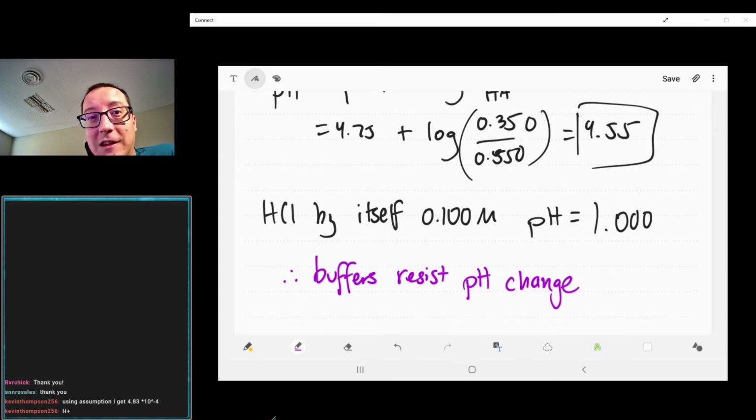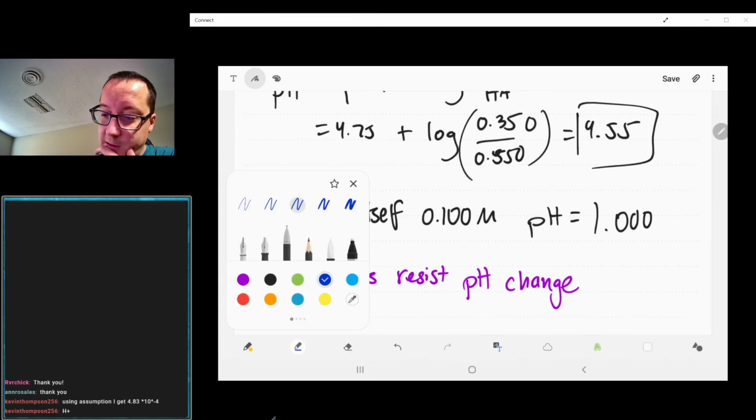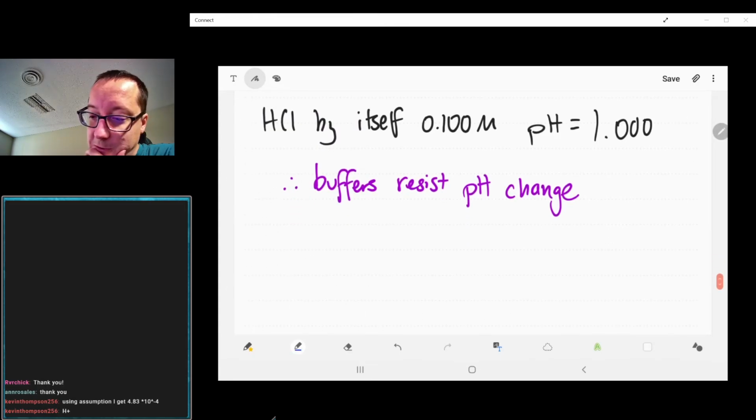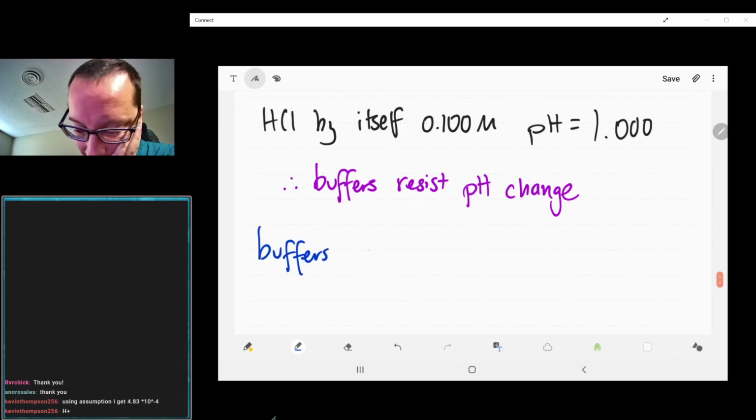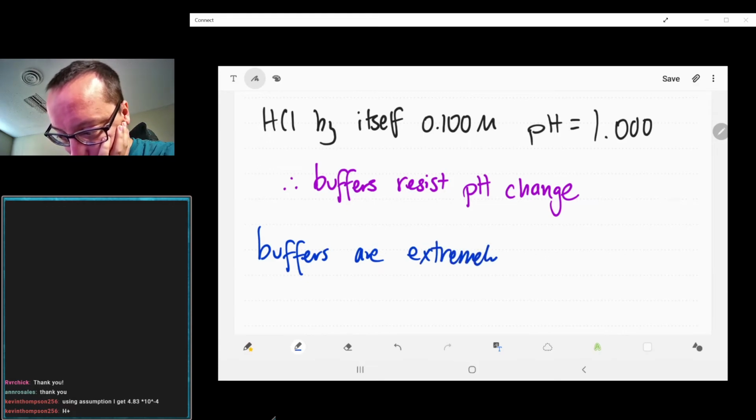And this is a pretty severe amount of acid that we've added to this. So we've thrown in quite a bit of acid, but still it didn't really change our pH. And so we're going to see that in biological systems, buffers are going to be super, super important. Extremely important for biology.